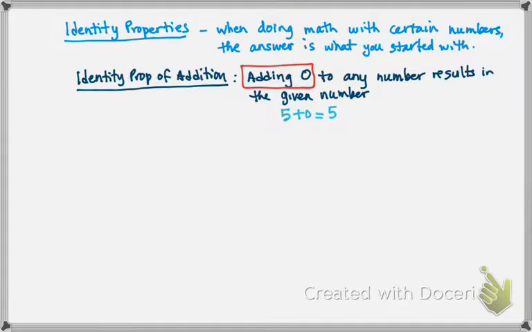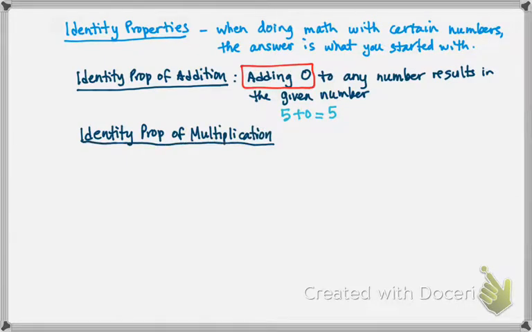Alright, so if that's true, let's explore the identity property of multiplication. So now I want you to think about what number could you multiply another number by and get the number you started with. I think I'm hearing you guys, and you're right.